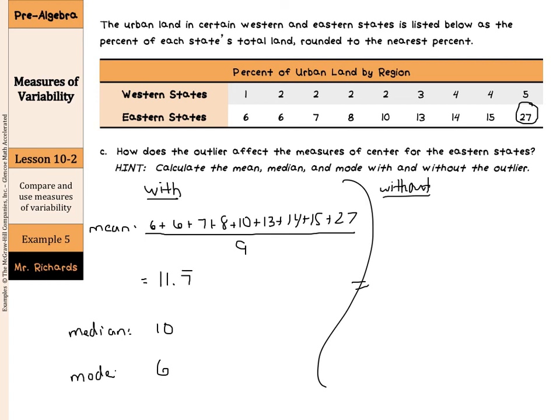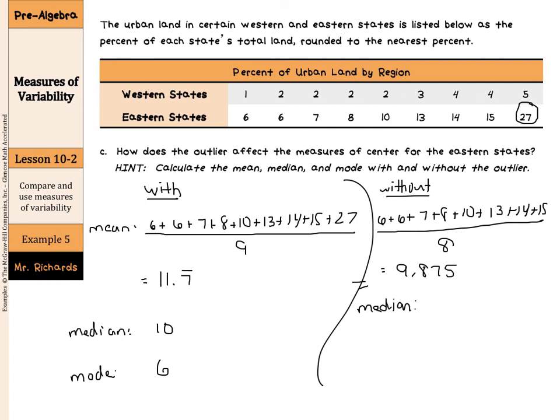Well, for our mean again, this time we'll have 6, 6, 7, 8, 10, 13, 14, and 15, no 27 this time. And we're dividing this time by 8 because we only have 8 terms left. This result is 9.875, a lower result.